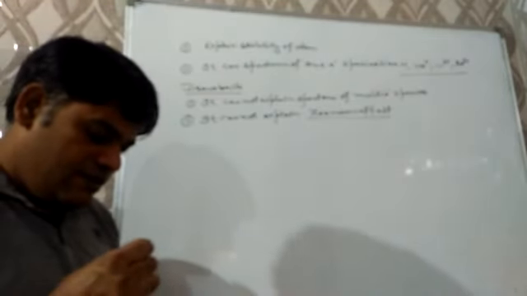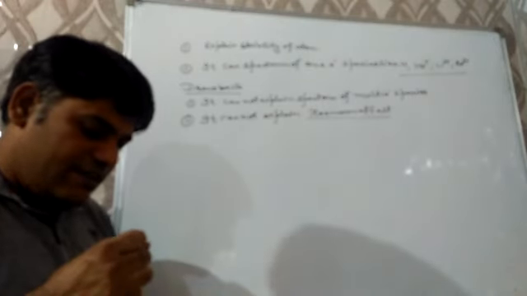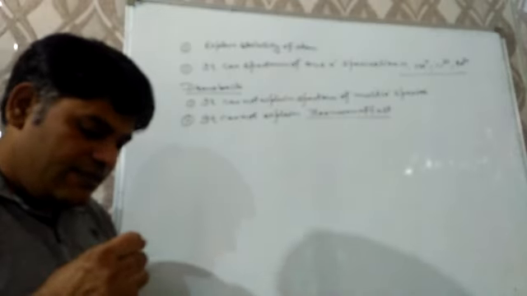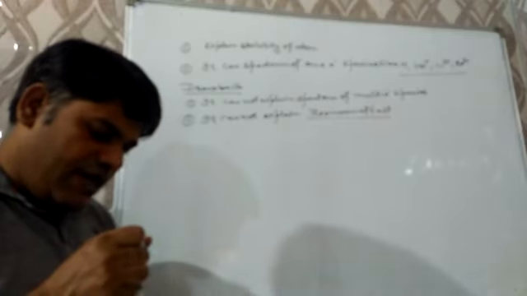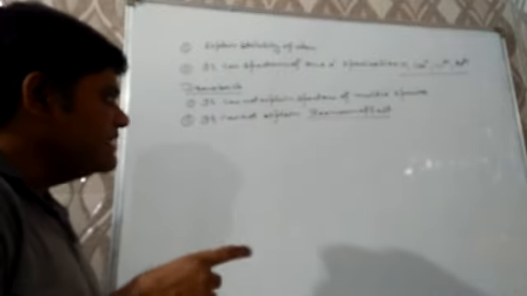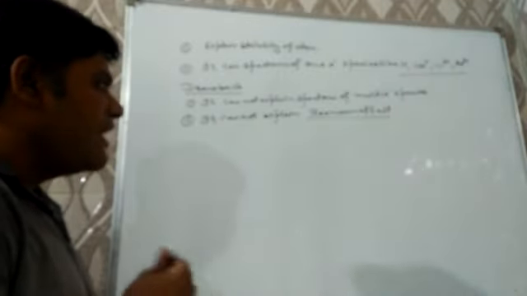Next, it cannot explain the Stark effect. Stark effect means splitting of a spectral line when passed through an electric field.